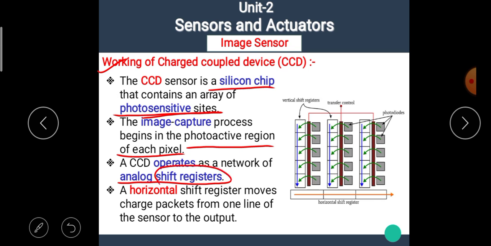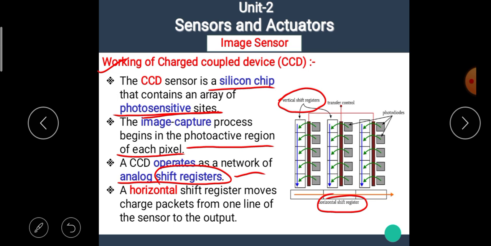We have seen the details about the shift register. The shift register is an electronic component which is used to store digital data, and it is mainly used to transfer the data from one register to another register. There are two types of shift registers used: horizontal shift register and vertical shift register.